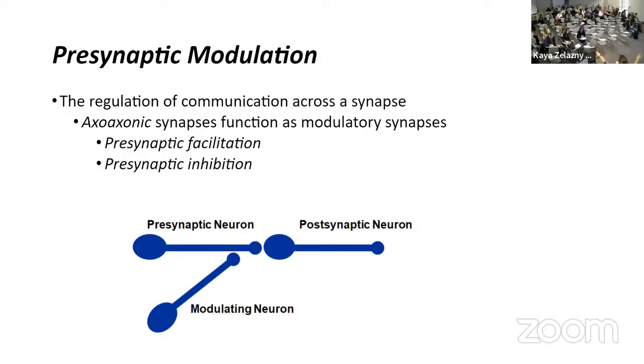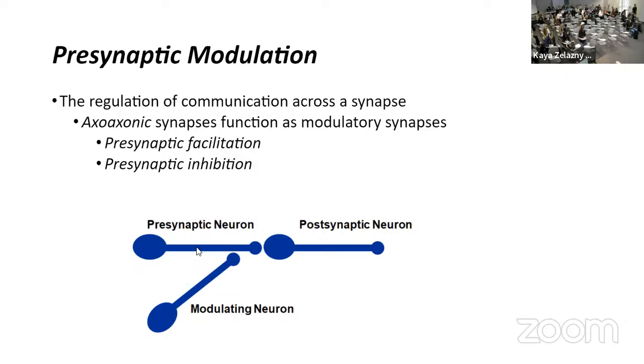We can have the opposite, convergence, many different neurons sending a signal to one postsynaptic neuron. And the modulation bit is we have some neuron separate from this chain affecting how the presynaptic neuron is releasing the neurotransmitter at its synapse on the postsynaptic neuron.